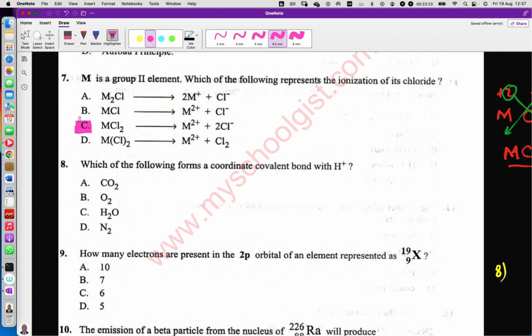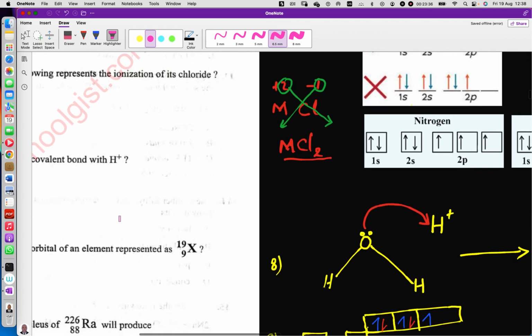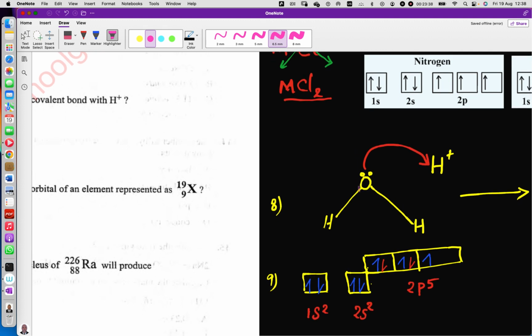So here, which of the following forms a coordinate bond with hydrogen? It is not carbon dioxide, it is not nitrogen, it is water, and this is how water forms it. Water has a V shape, H2O, and on the oxygen we have lone pairs of electrons.